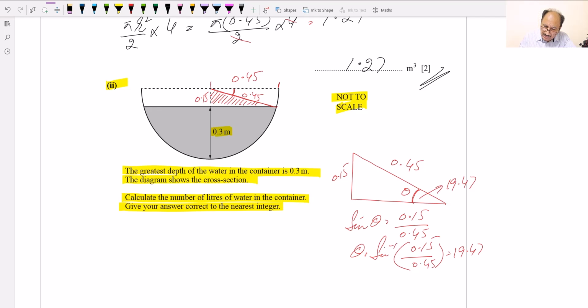Now after this we can find basically this other side, this side we can find from this point to this point.